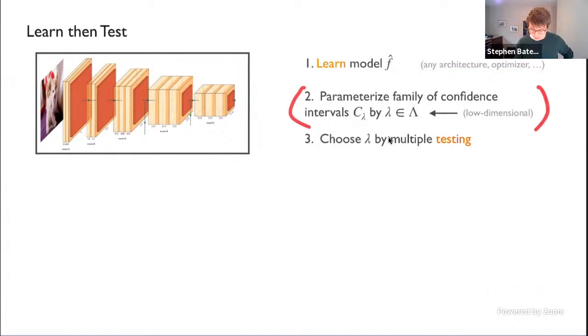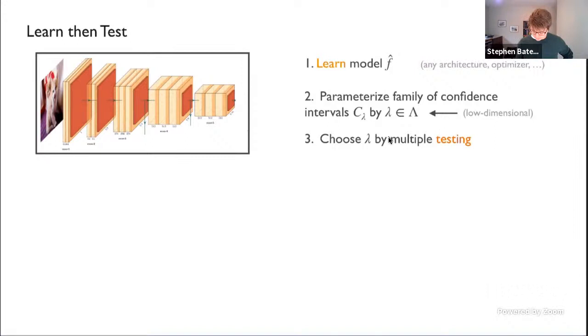Step 2 is parameterizing a family of possible confidence intervals. I'm going to parameterize it by this parameter lambda. You should think of it as a one-dimensional parameter. So on top of my deep learning model, I have one parameter that goes from small intervals to big intervals. And I'm going to figure out where I need to be to get valid confidence intervals. Now, I'm going to choose that final parameter, that one small parameter on top of the network, via multiple testing so that you can get rigorous statistical guarantees about the output.